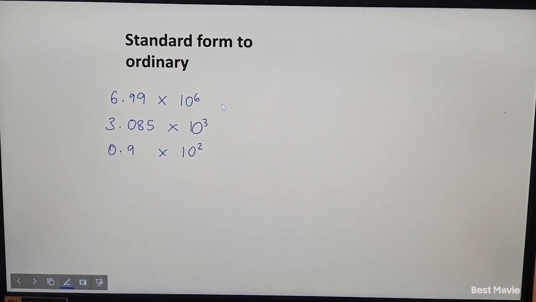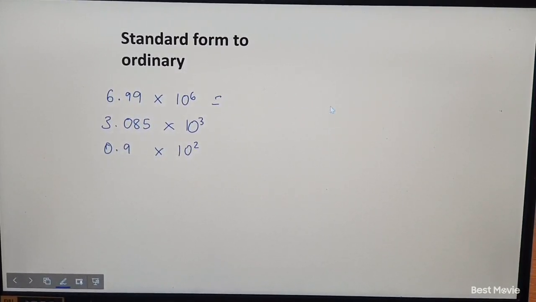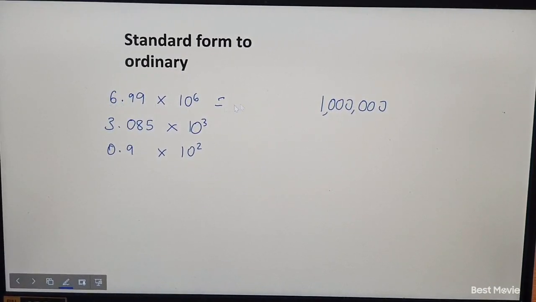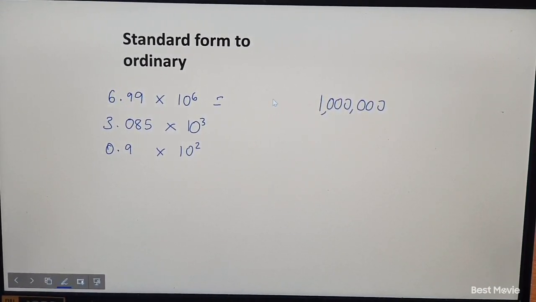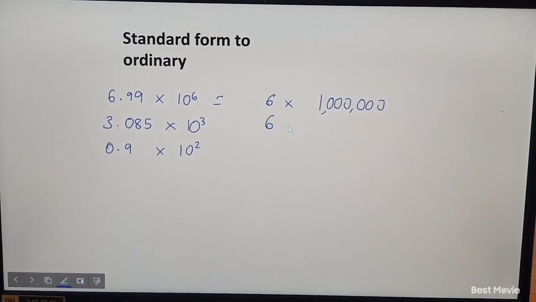Okay, so now we've got some more questions. 6.99 multiplied by 10 to the power of 6. So 10 to the power of 6 is 1 million. So start with that. Then look at the 6. So this is 6 times 1 million, which is 6 million.